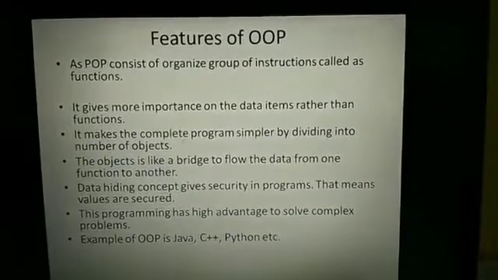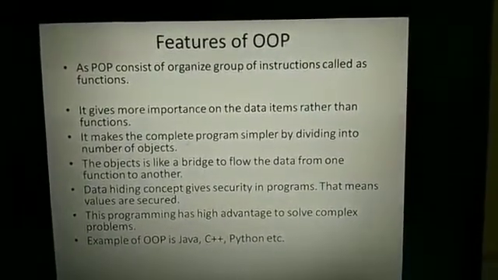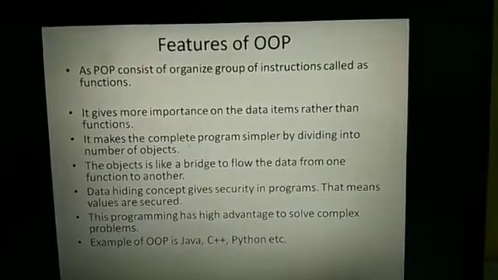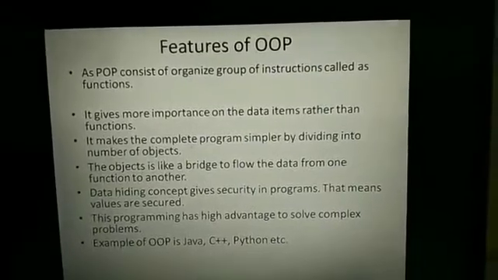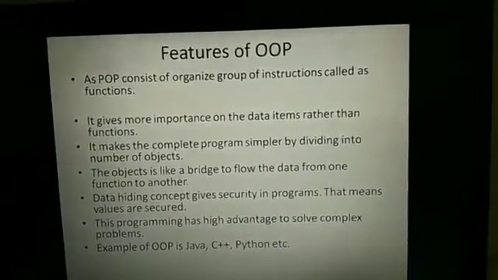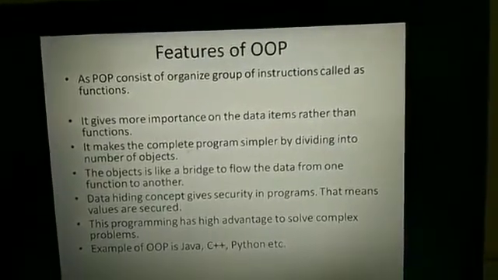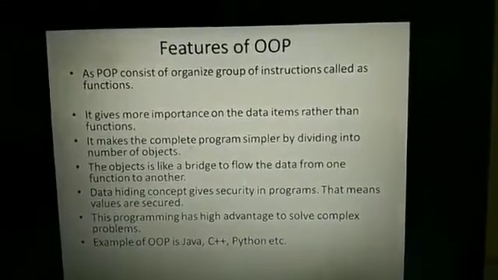In POP, what happened? It could not solve complex programs because the programs were very lengthy. How were they lengthy? Because the user was using more and more functions. So the program was confusing for the users.